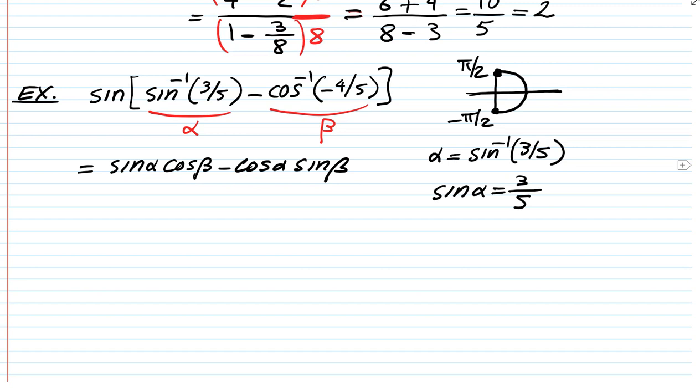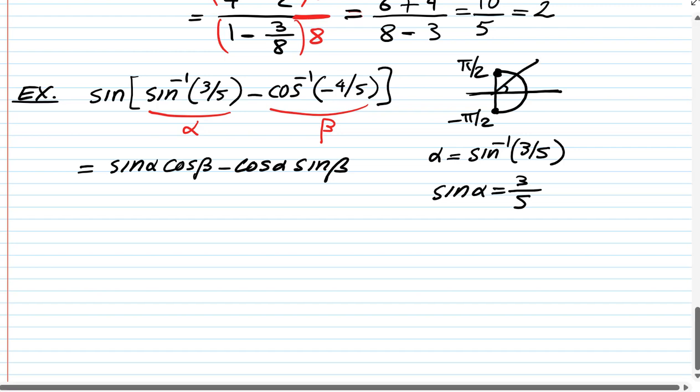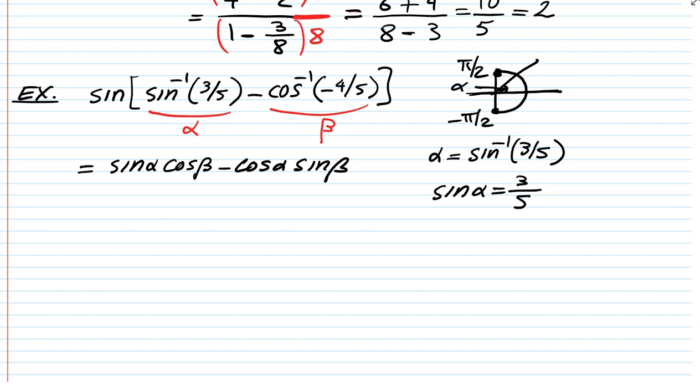So the fact that this alpha is positive, that means I have to be in the first quadrant, right? So to be in the first quadrant, here's where alpha is, right there. That's alpha. Now my triangle, 3, 5.